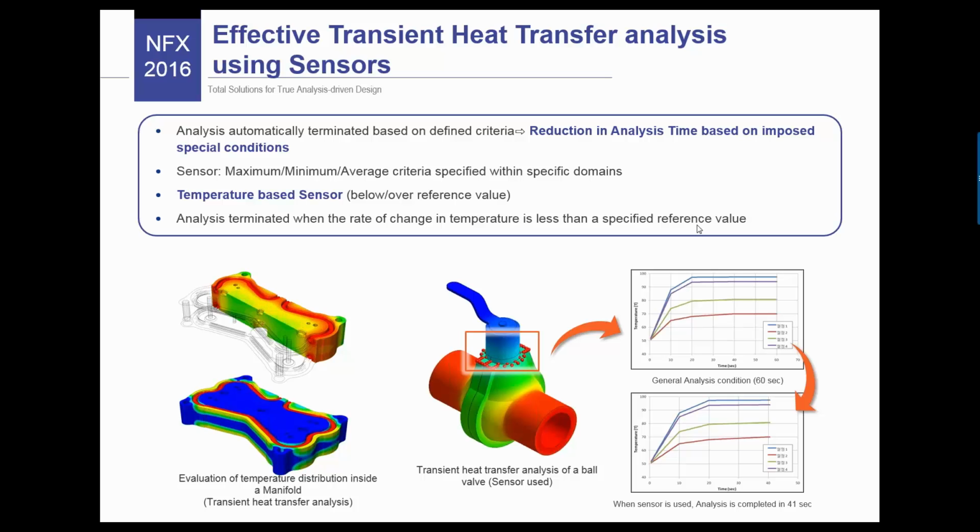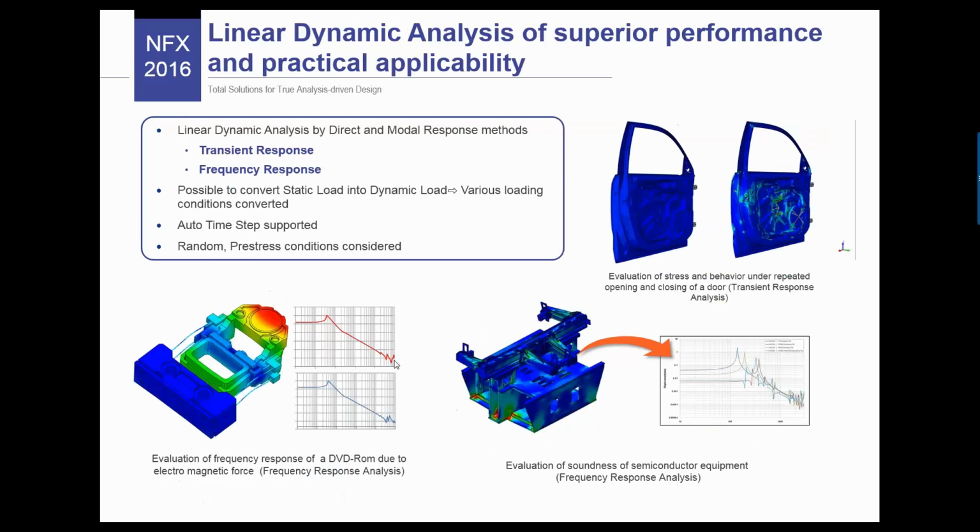For that, you can use temperature sensors. You can put one on a face of the model and it will sense the temperature, and when the temperature reaches a stable steady state, the analysis will automatically stop, so you don't lose time calculating steps which are over the steady state. That's also quite interesting.